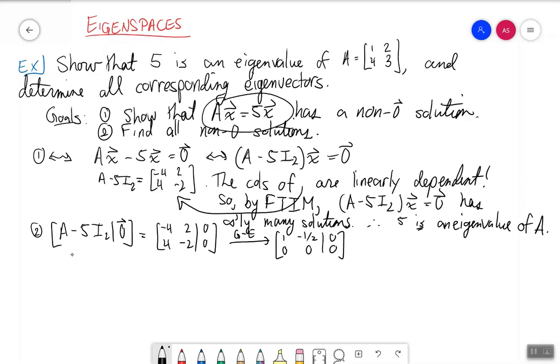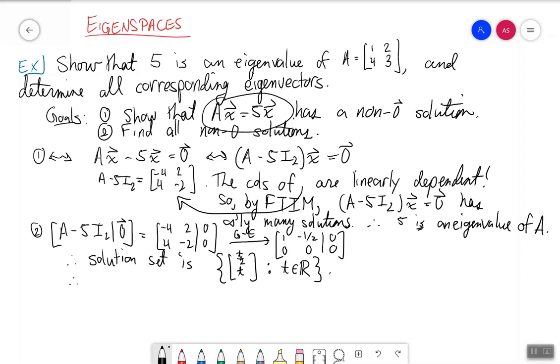And therefore, the solution set is the set of all vectors (t/2, t) such that t is in R. This colon means such that. This is called set builder notation.